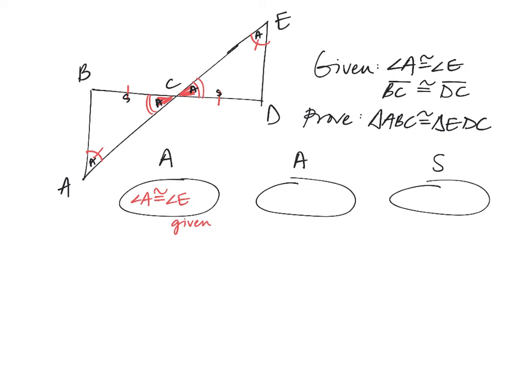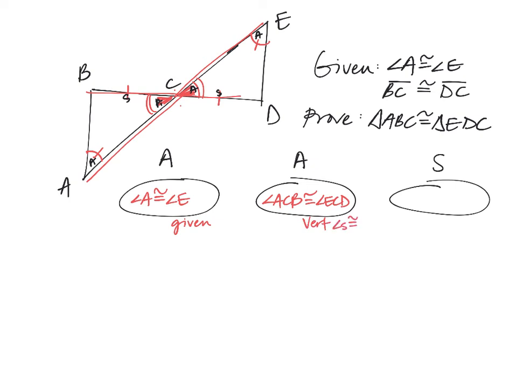Now, notice that there's 1, 2, 3, 4 angles right there, so I can't just call that angle C. I'm going to call the first angle ACB, so angle ACB is congruent to, and going in a corresponding order on the other triangle, I'll do ECD. And the reason is vertical angles are congruent.